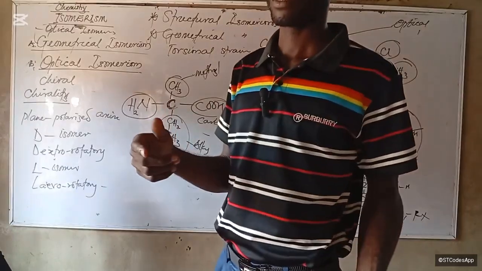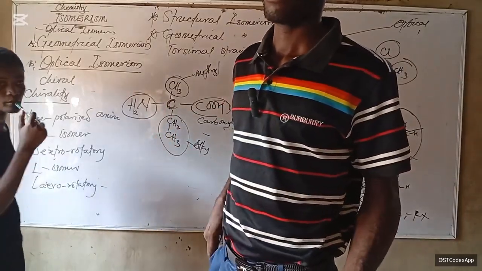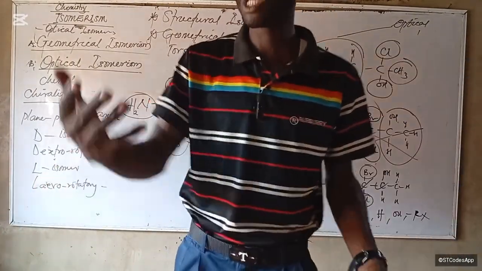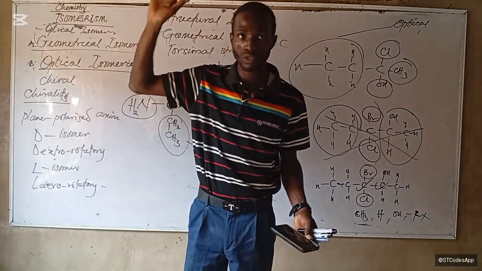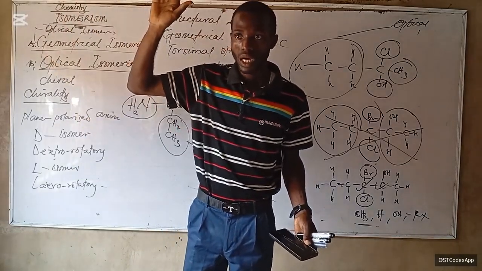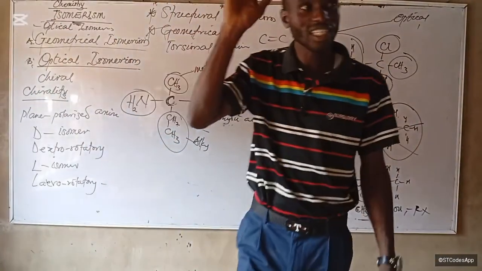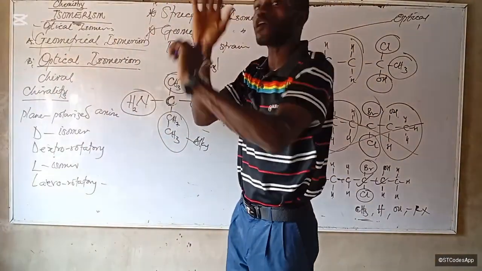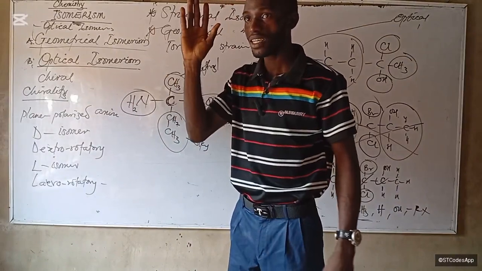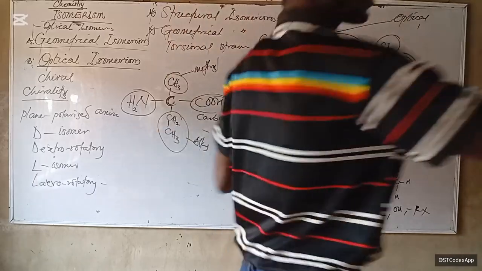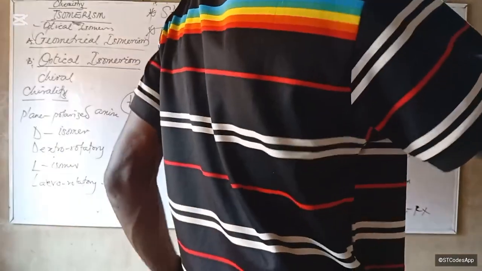Don't worry if you don't have a mirror at home. If you see yourself in the mirror and raise your right hand, what do you see? Somebody facing you raising a hand like this, right?